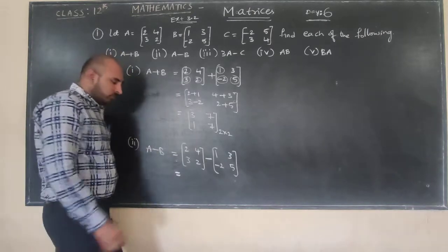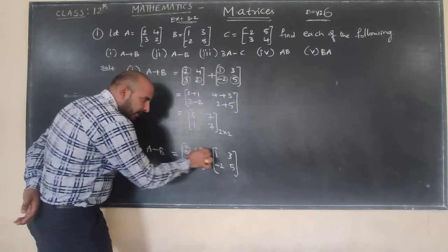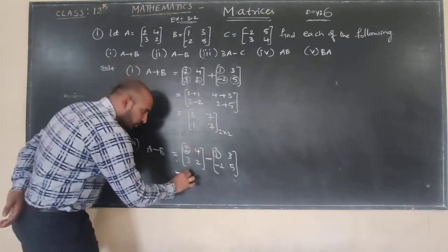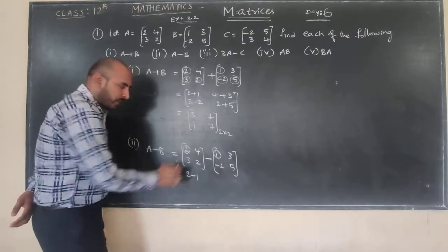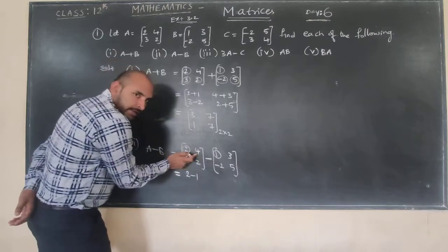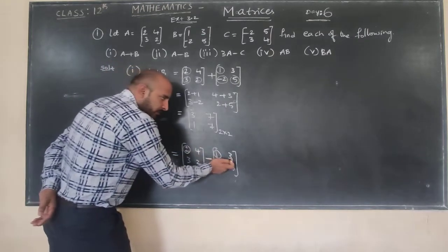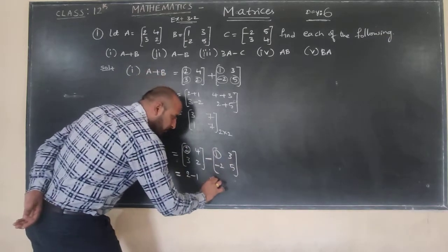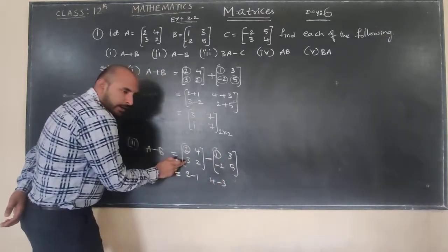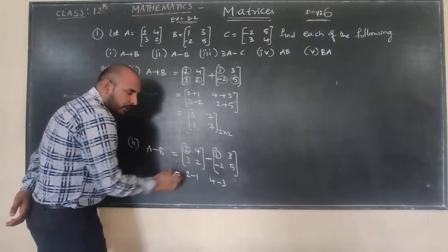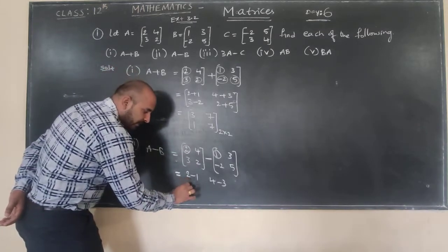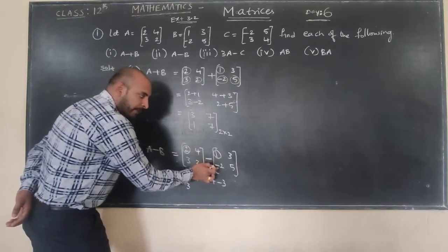It is equal to 2, first element, here also first element, 2 minus 1. Next element, here 4, here 3: first row, second element, 4 minus 3. Next coming to the second row. Second row elements: first element is 3 minus of minus 2.